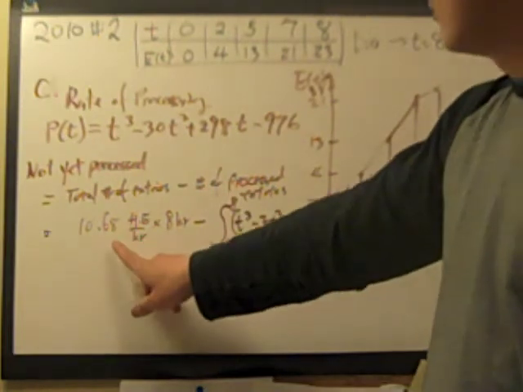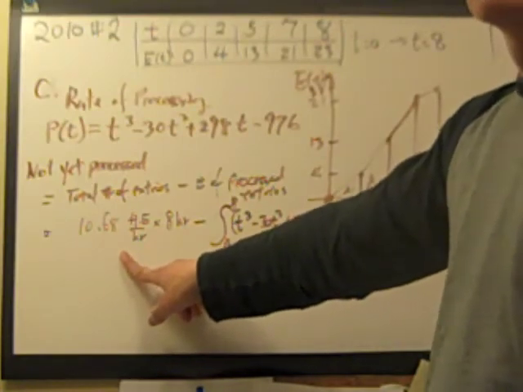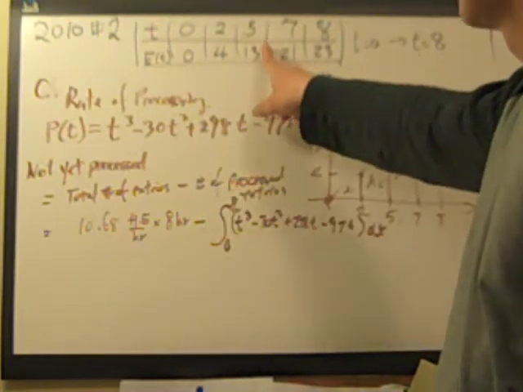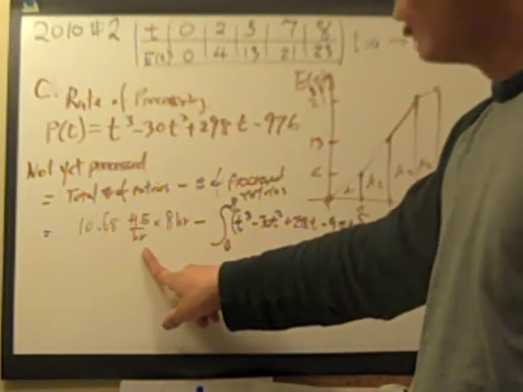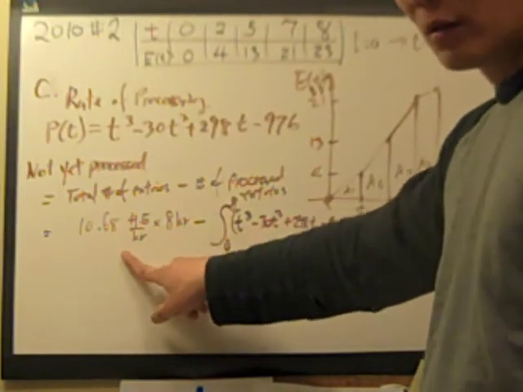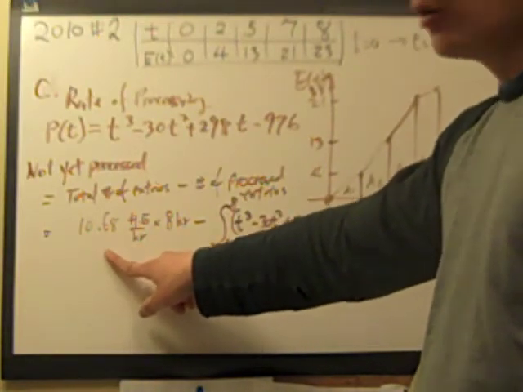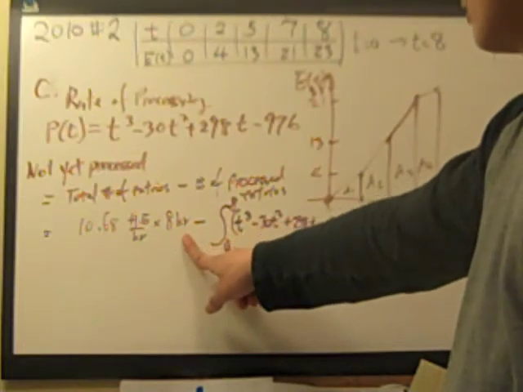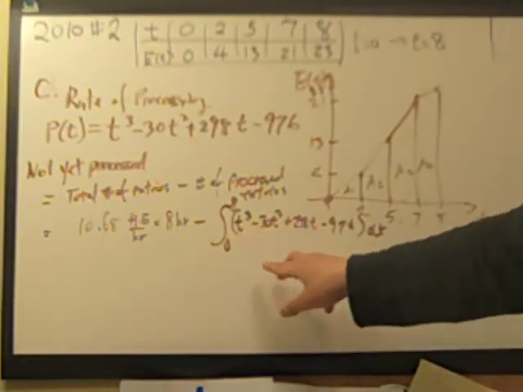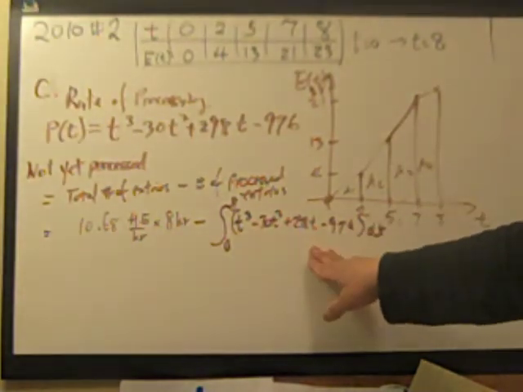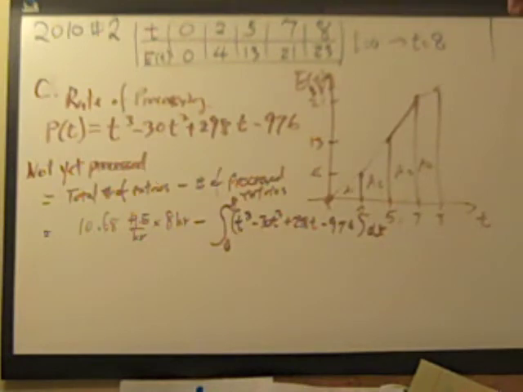Now, for the total number of entries, we didn't have any functions to work with, so we only work with the table. And this was the average value over 8 hours. So we take the average entries per hour over 8 hours, multiply by 8 hours, we get the total number of entries. But we need to subtract the number of processed entries based on this equation given to us, which is the rate of processing.